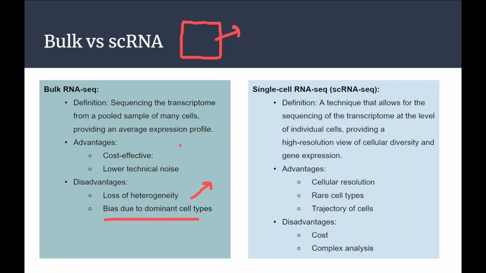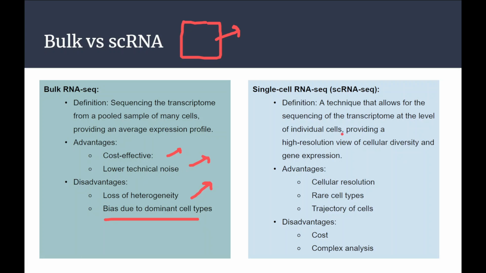But there are a lot of advantages, because if you simply have to compare two samples based on a condition, like a drug treatment or some other condition treatment, it is very cost effective. You spend a low cost to do the analysis and the comparative analysis, and there will be less technical noise.